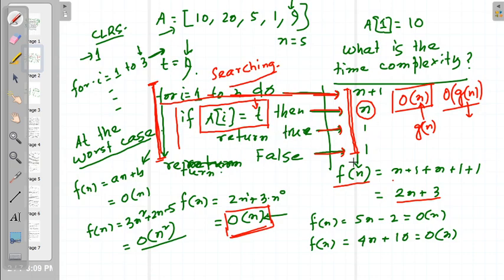Then we will determine how many times that happens, and based on that we will determine the time complexity. That way our life will be easier.